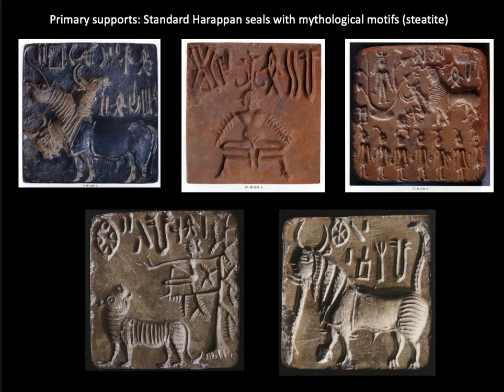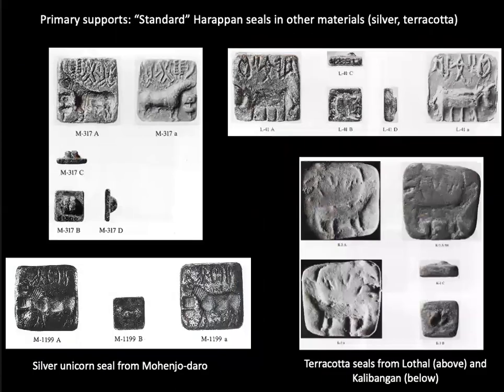But beyond these steatite seals, there's also a number of seals made in non-standard materials, such as silver, bronze, or even terracotta. And these seals are found at a number of sites throughout the Indus world, but also outside of it, and have not been really examined in as much depth, but they are there, and they also play the same role of being primary supports for imagery.